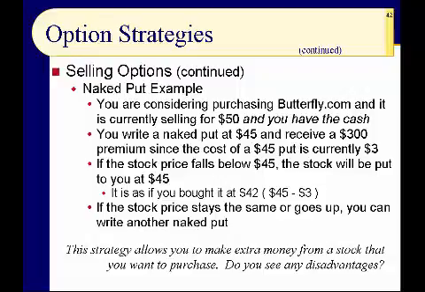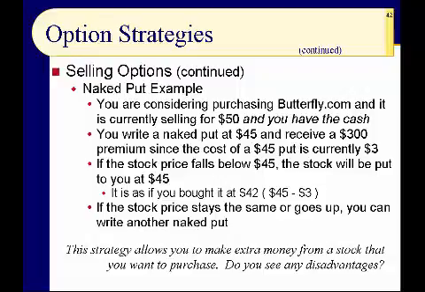So if the stock price stays the same or goes up, you can write another naked put. You understand? Maybe you don't. Let's go back over it and do it again. You're thinking of buying it. It's currently selling for $50. You have enough cash to buy it. You go out and see that puts for $45 are currently selling at $3.